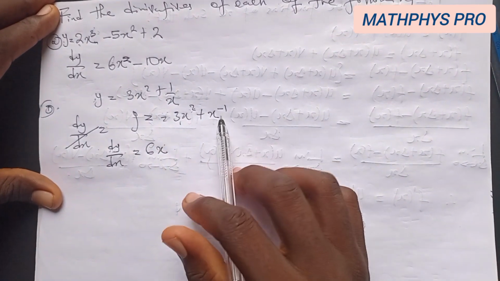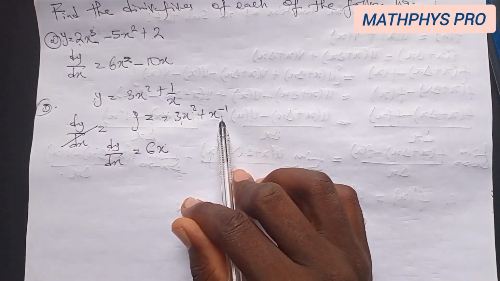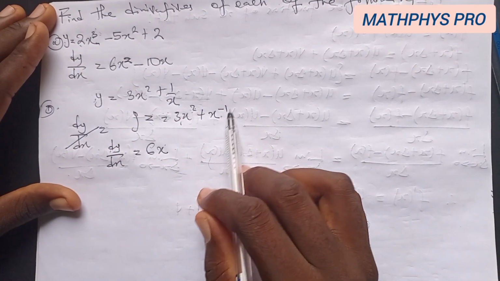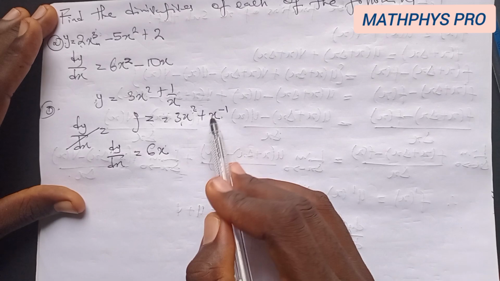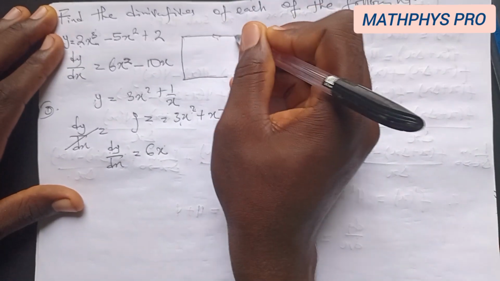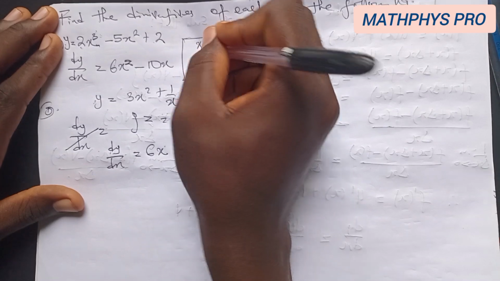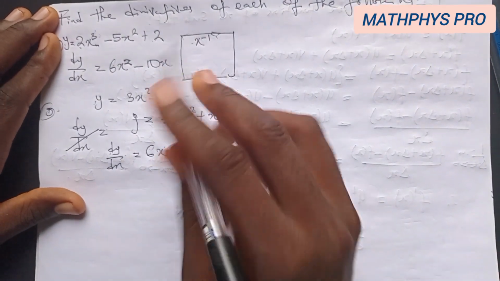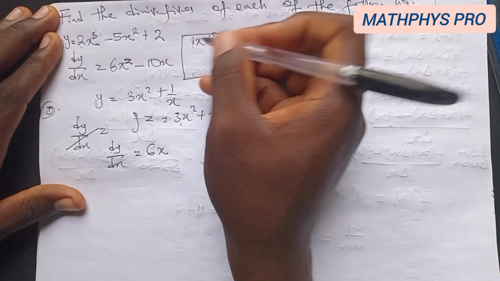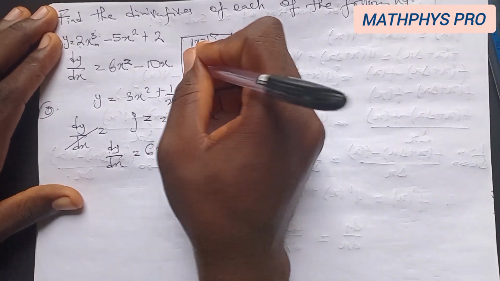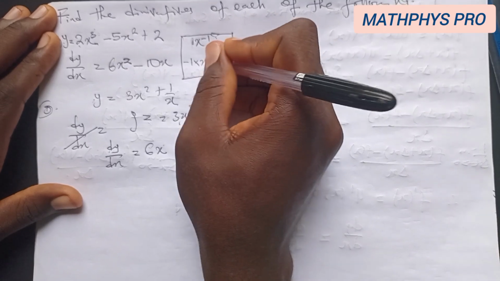Now to differentiate x raised to minus 1, remember, there is an invisible 1 here. Let me use this spot to explain it. So you can say minus 1 times the 1 that is here. Minus 1 times 1 is minus 1.